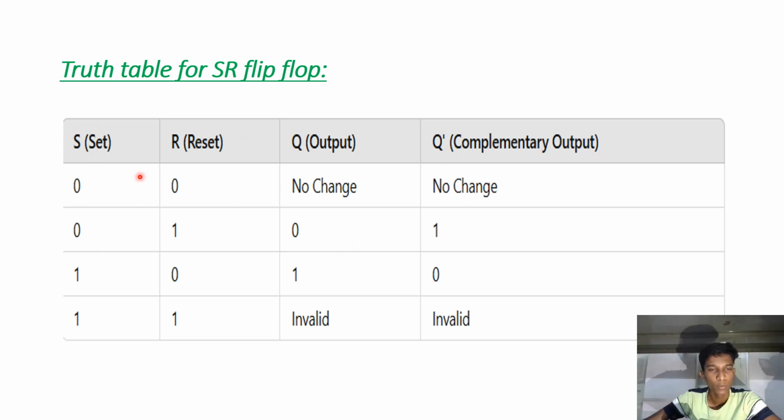If S is equal to 1 and R is equal to 0, the output will be 1, which is the set state, and the complement Q bar is 0. If S is equal to 1 and R is equal to 1, Q is an invalid condition, which defines an undefined state. This is one of the drawbacks of the SR flip-flop.